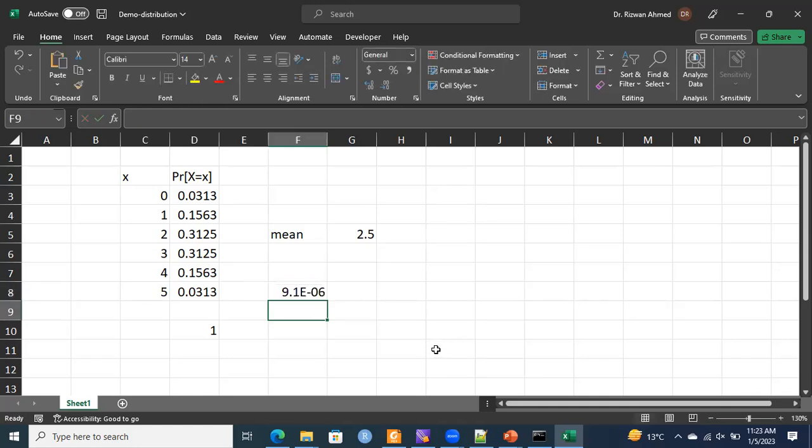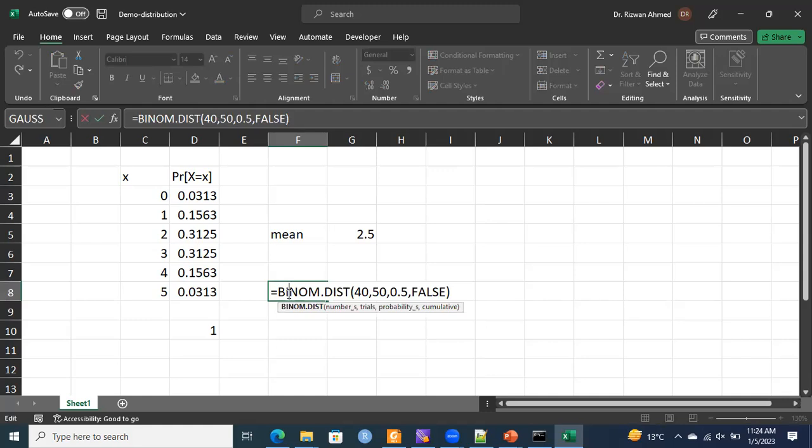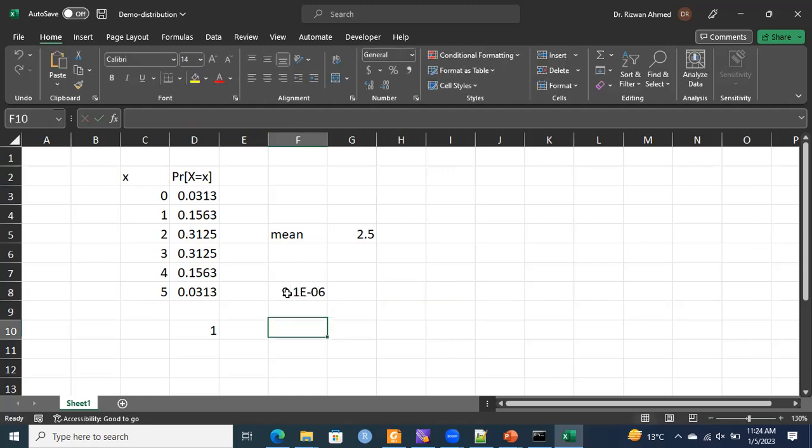So it is a number 10 raised to the power minus 6, right? In percentage, 40 heads in 50 trials, this number is 10 raised to the power minus 6. So do you think it's a significant thing or not? But if you like, you can look for the numbers.